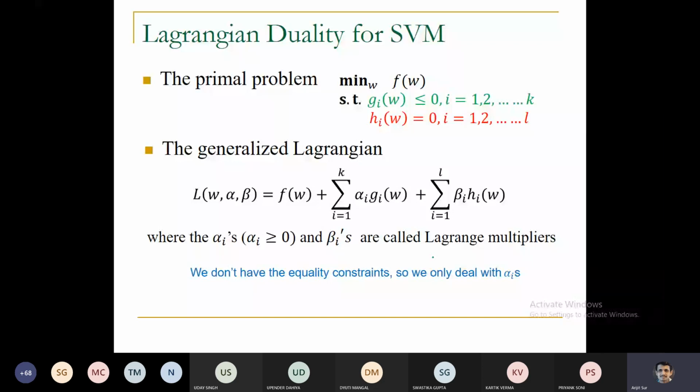We don't have the equality constraint, so we only deal with the alpha_i's. For our case there are inequality constraints, so let's try to understand.